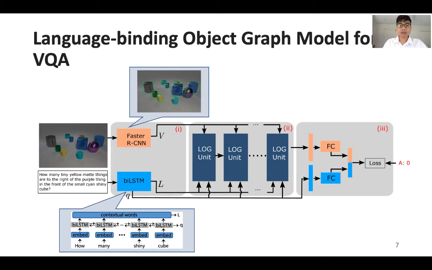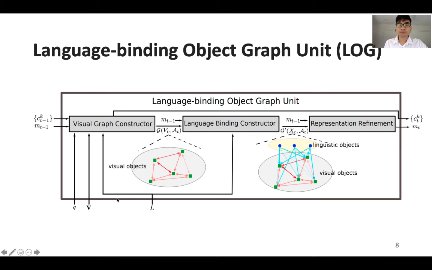And please keep in mind that LogNet operates on the object level in both visual cues and linguistic cues, instead of the pixel level that many other works in the VQA literature have used. And this is the inside of each log unit.